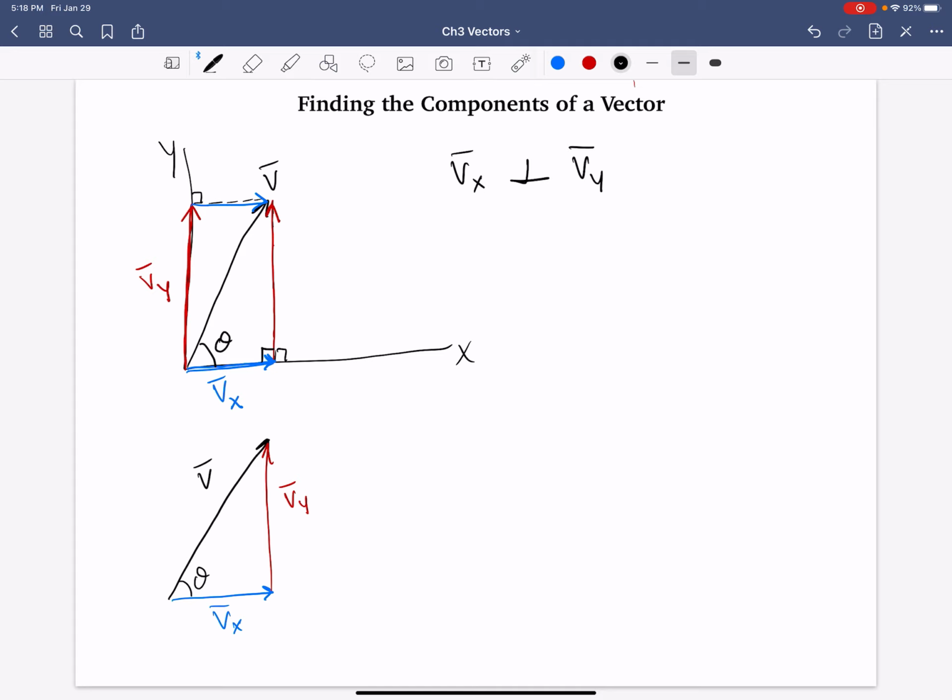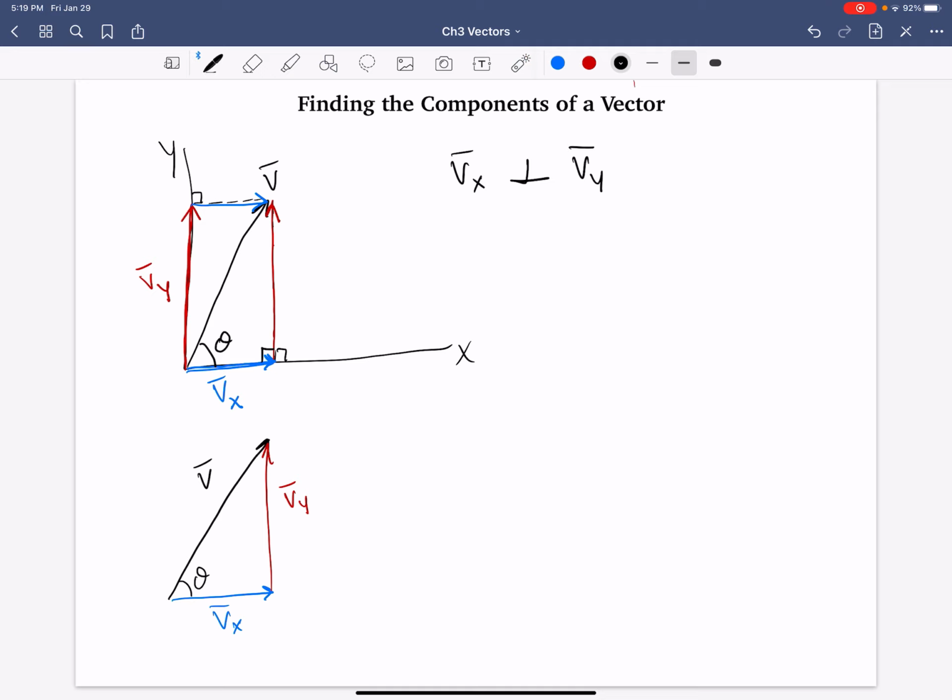Now we need to use some trigonometry to write the equations for Vx and Vy in terms of theta and in terms of V. Let's start with Vx. We want to solve for Vx.